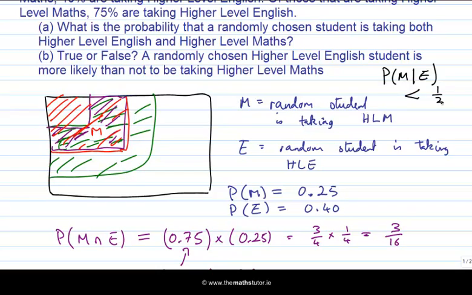So that means that the student is not more likely than not to be taking higher level maths. So this statement is false. The correct answer to B is that the statement is false. Okay, so that's an explanation of the multiplication rule and an application of it to this particular problem.